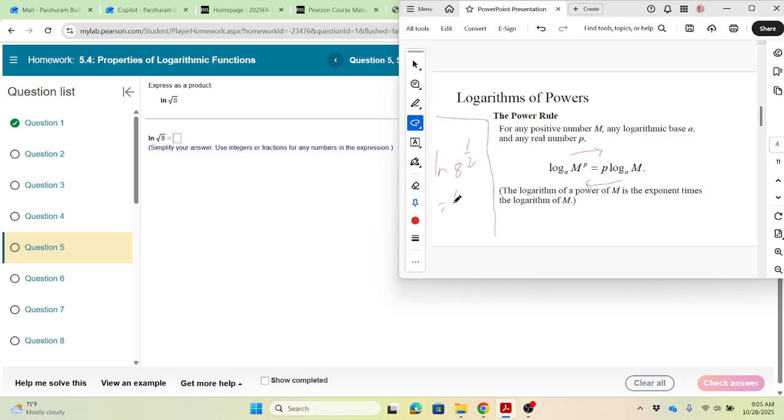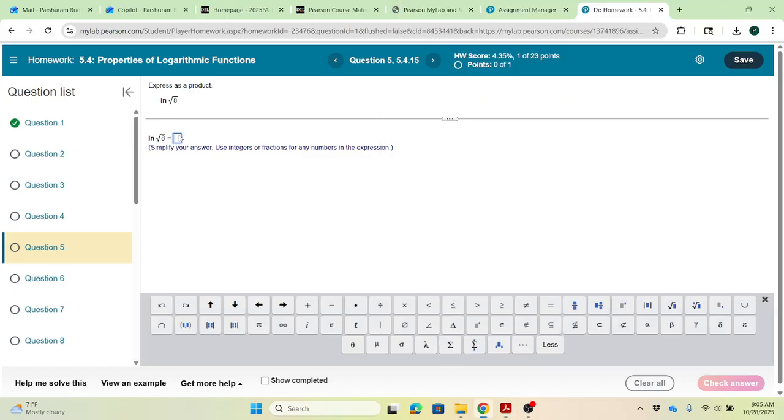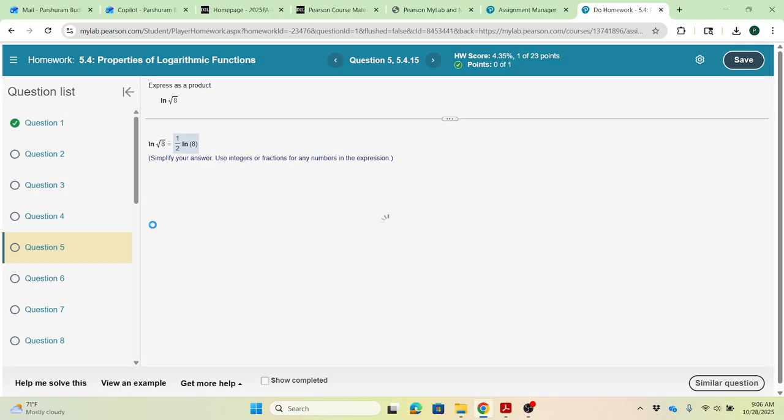You can bring this exponent 1/2 here, and then write ln 8 by using this power rule. So simplify your answer, use integers or fractions for any numbers in the expression. Type 1/2, type ln, and then 8. That's the answer using the power rule.